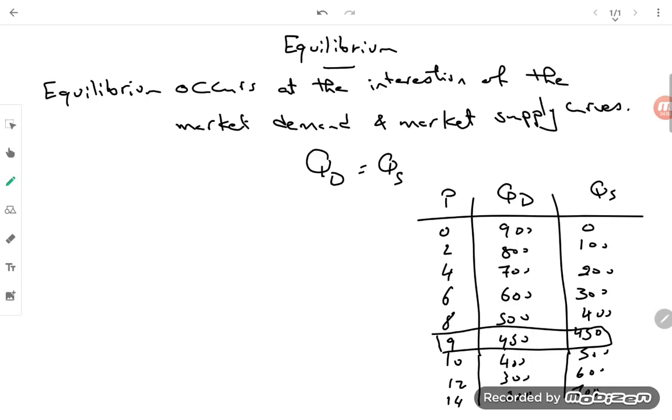This can be illustrated graphically. This is quantity and the price.